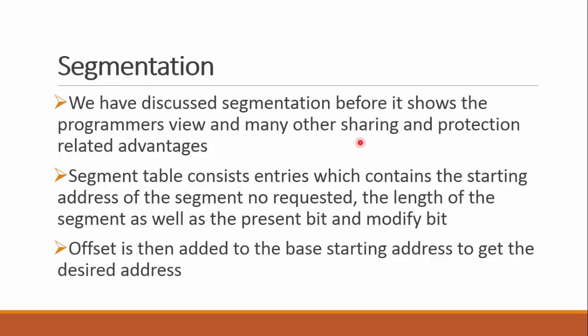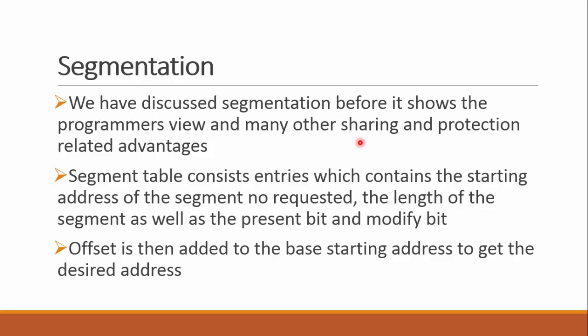Okay. So the next one is segmentation. We have discussed segmentation before. Segmentation is how the user visualizes the program, and it is much easier to do the sharing and protection tasks in segmentation.